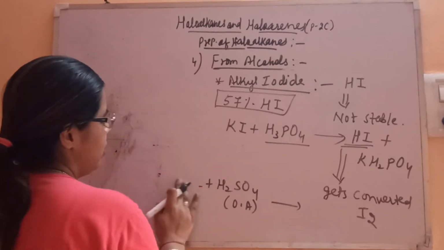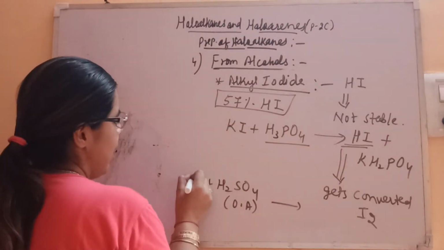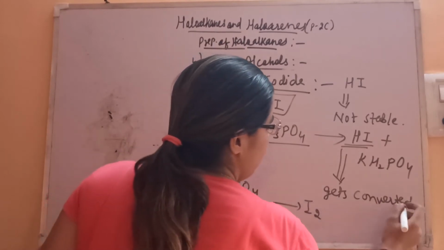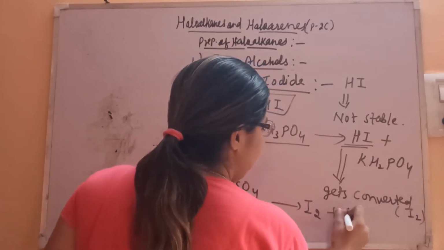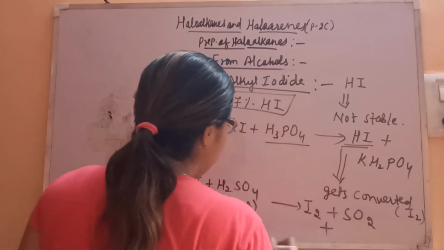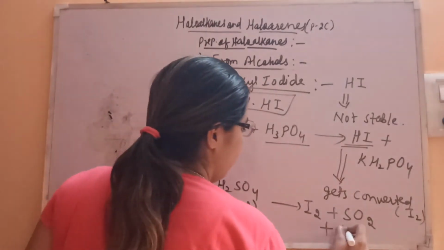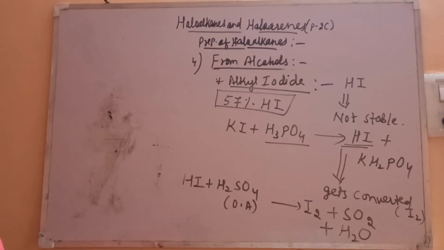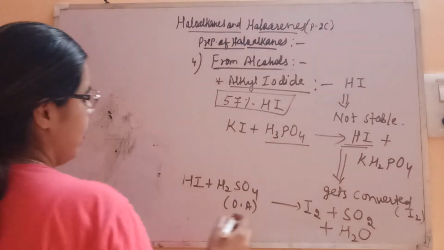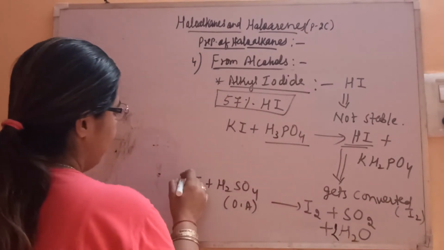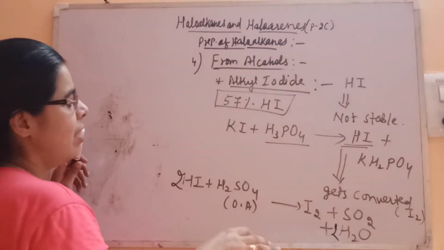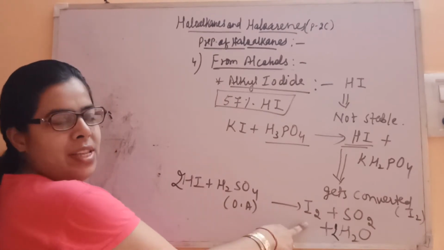The HI which is getting formed over here, if it reacts with this, it will further shift the reaction and give you I2 plus SO2 plus water. You can balance this reaction. Okay, this is 2 here and this is 2. Now it's balanced.